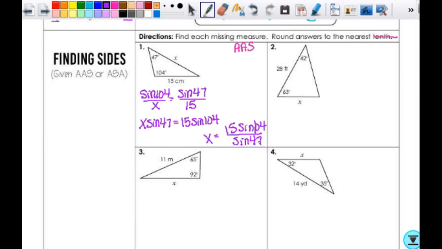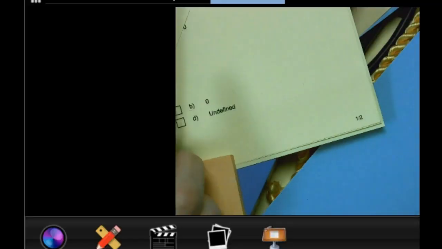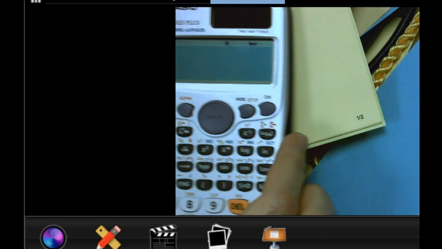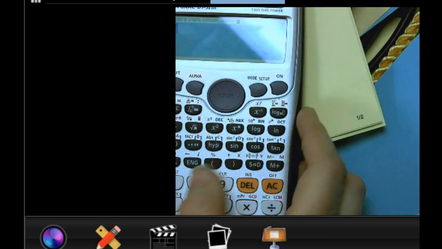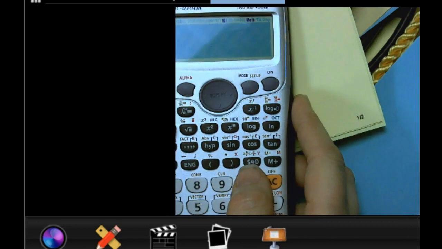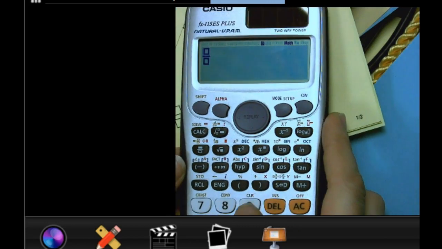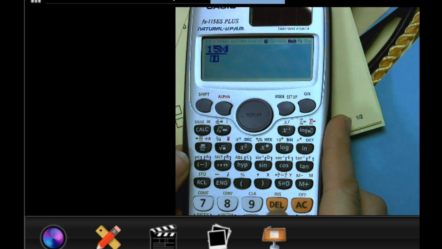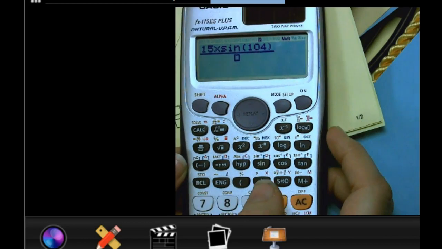You want to be very careful here on the calculator when you type this in. I'm going to try really hard to make this something you can see. When you type this in, I would do it as a fraction. You can use parentheses, but on this calculator you can do it in the fraction. So I start with my fraction button, and then I do 15 times the sine of 104. I close my parentheses. You have to close the parentheses.